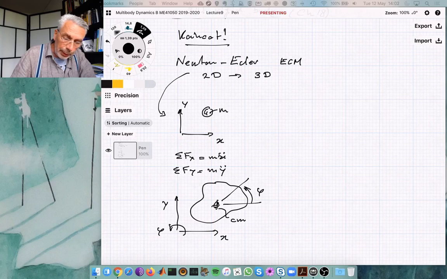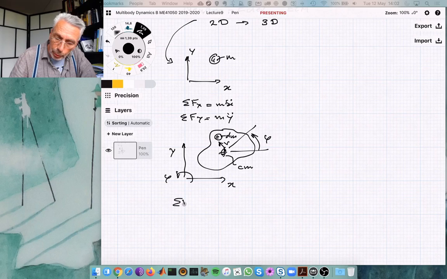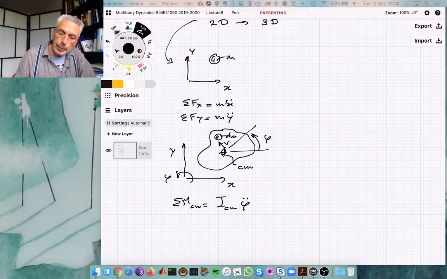Of course, we can apply our Newton equation to all these small pieces of mass dm at distance r, and then sum everything up. If we do that, the equation we finally get is that the sum of the torques at the CM equals the mass moment of inertia at the CM times phi double dot.